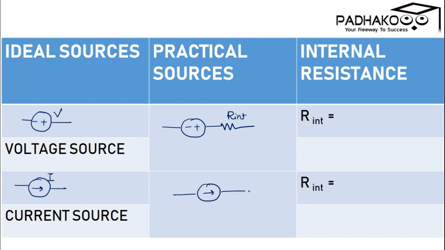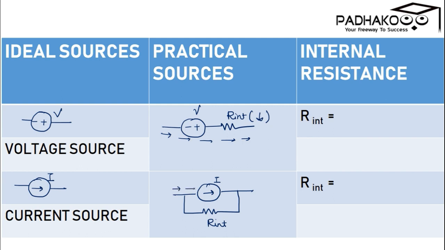And here, for the practical current source, the equivalent circuit is drawn like this. It has a value R internal. Now, the current flows in this direction across the source, and maximum current needs to flow in this direction only. So we can say that R internal needs to be very small or minimum.